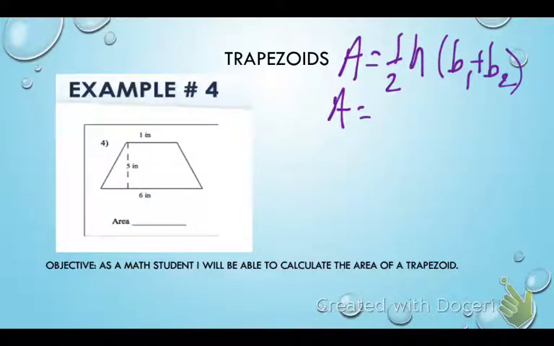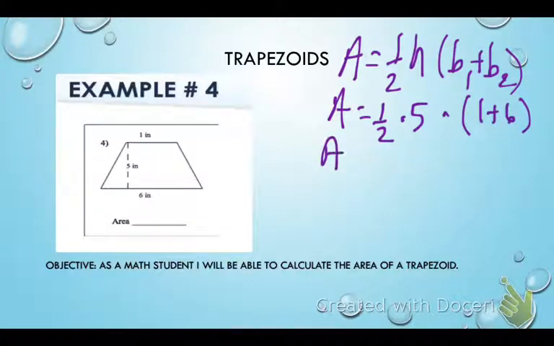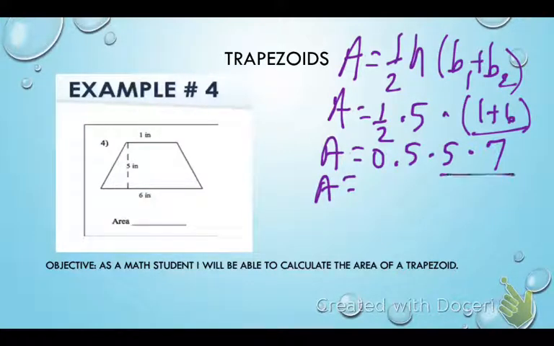There we go. So you got 1/2 of 5 times the sum of the two bases, which is base 1 plus base 2. And you have 1/2, which you could also say is 5/10 in this case, times 5 times 7. All right? And you could multiply 7 times 5 first if you'd like, and you would have 5/10 times 35.